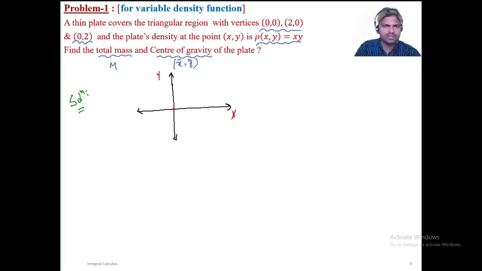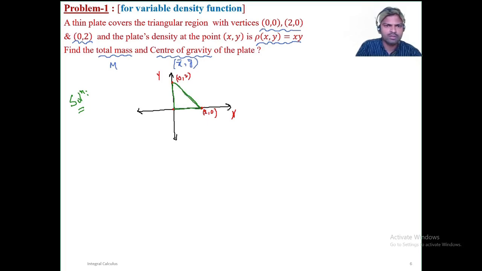The next point, (0, 2), is on the y axis. Now let us join all these three points so that you get a triangular portion. For this plate we need to find the entire mass as well as the center of gravity. So this is our required plate.